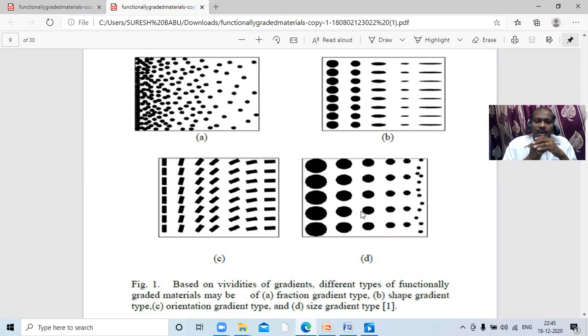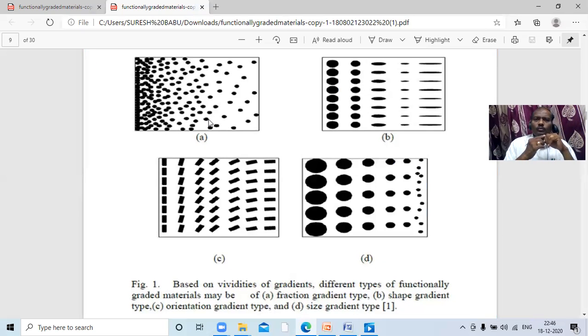A is the fraction gradient type, it looks like a sketch of what we are going to see, and B is for a shape gradient, and C is for orientation gradient type, and D is for size gradient. I think you can observe the four parts are unique in their nature, in their microstructure.